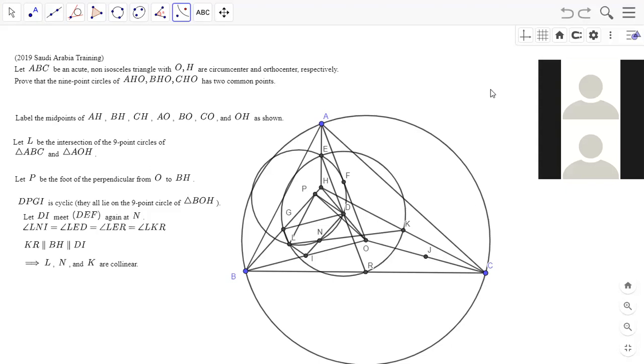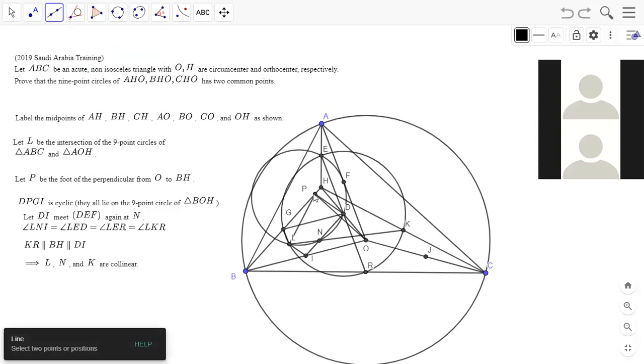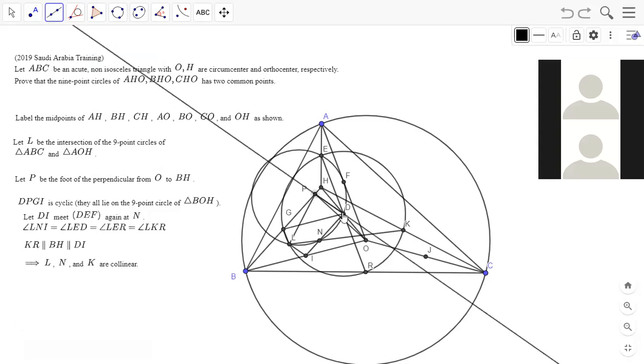So yeah, we want to show PD is parallel to LI. We know angle IL, we can find angle ILK. Basically, we want to find what's the angle that PD makes with LK. I think we're really close.